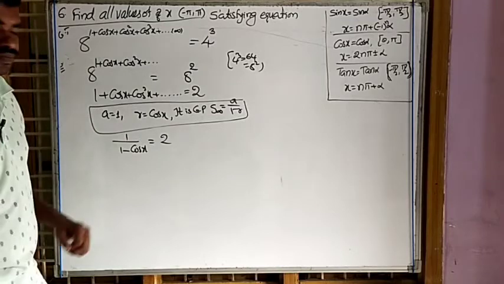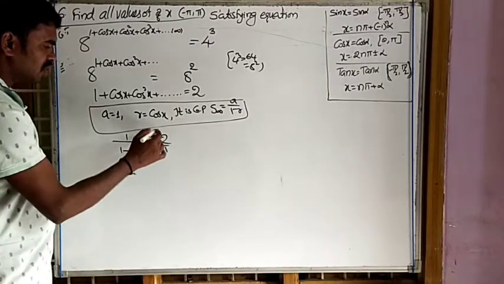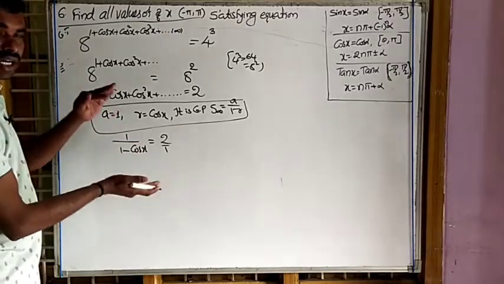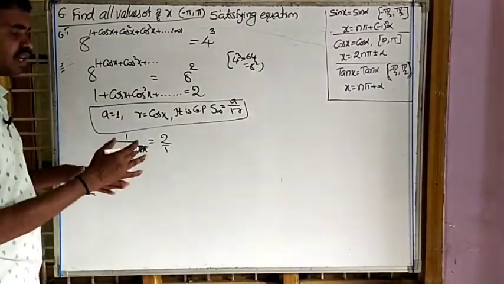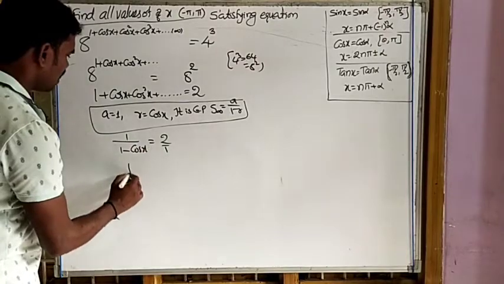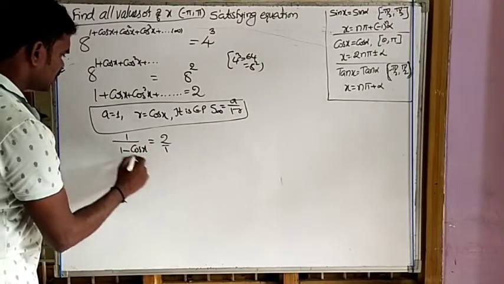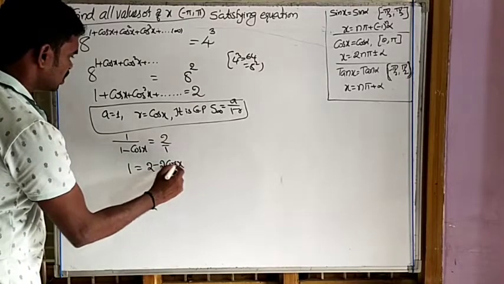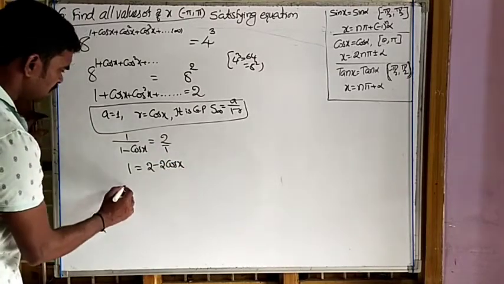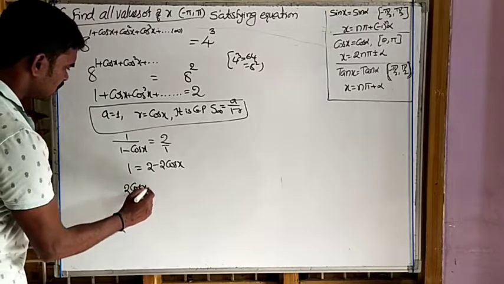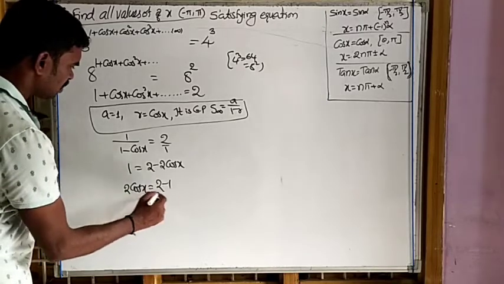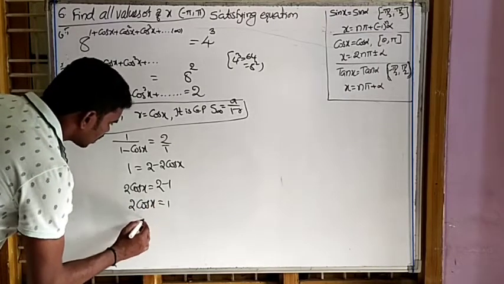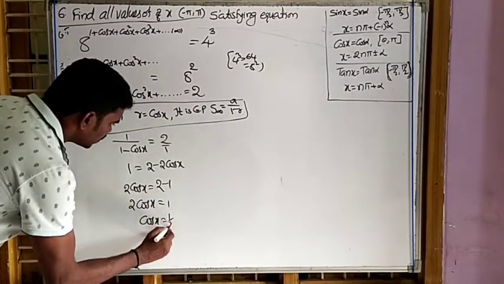Very simple: taking cross multiplication, or otherwise you can take reciprocals. 1 into 1, 1. 2 into 1, 2. 2 into minus cos x, minus 2 cos x. So minus 2 cos x, bring to the left side, it becomes plus 2 cos x is equal to 2 minus 1 on the right side. So 2 cos x is equal to 1, then cos x is equal to 1 by 2.